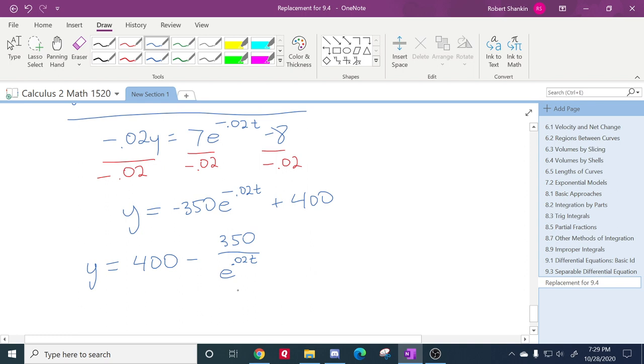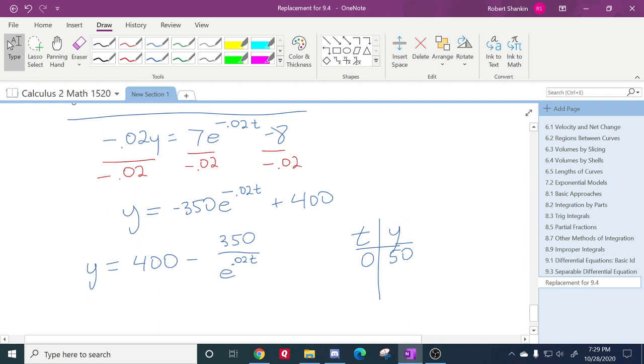Okay. When t is 0, this is going to be 1, e to the power 0. And so it's easy to see, when t is 0, 400 minus 350 is 50. And that's the initial condition: at time 0 there's 50 pounds of salt.